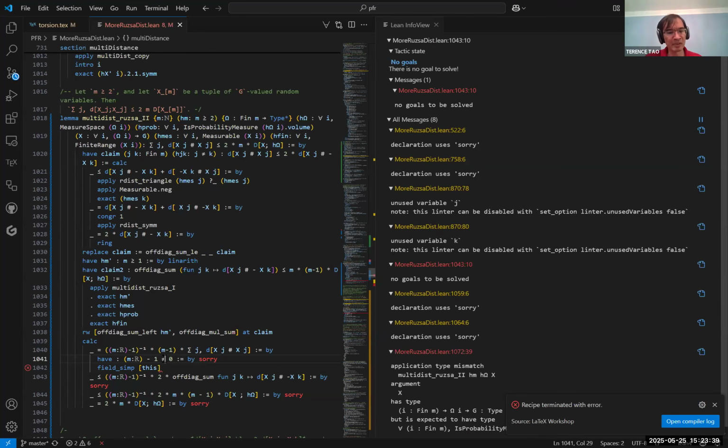In fact, it's enough to be positive. I'm really lucky, that should just follow from linear arithmetic, since I already know that m is bigger than or equal to 1.